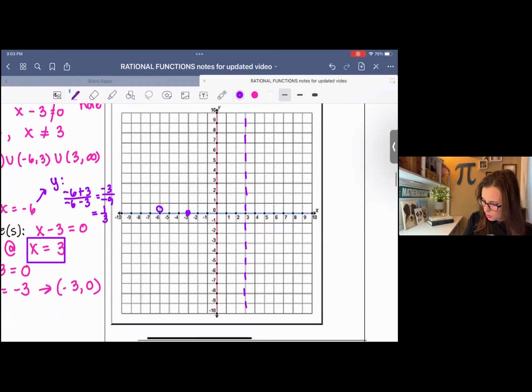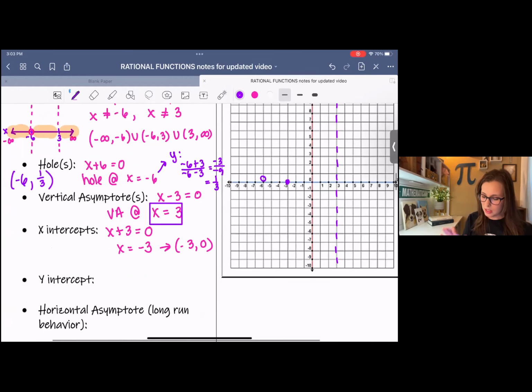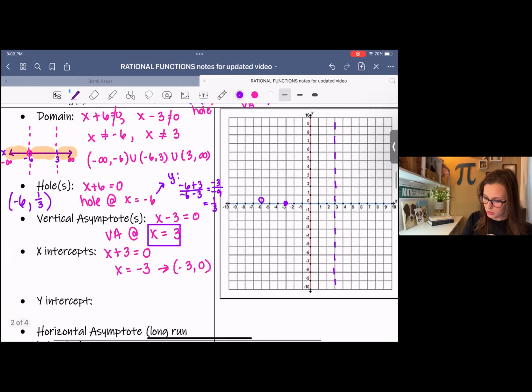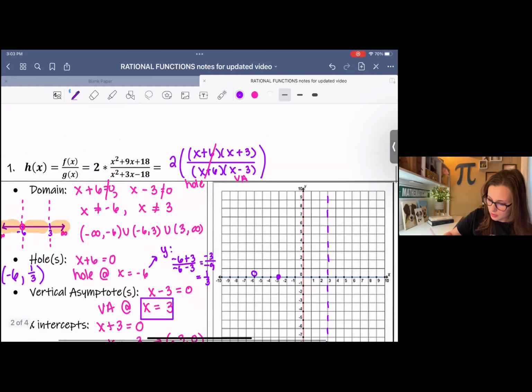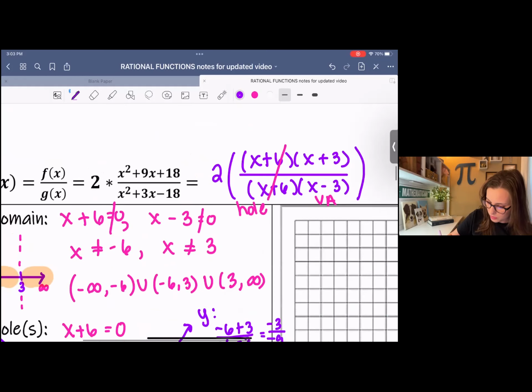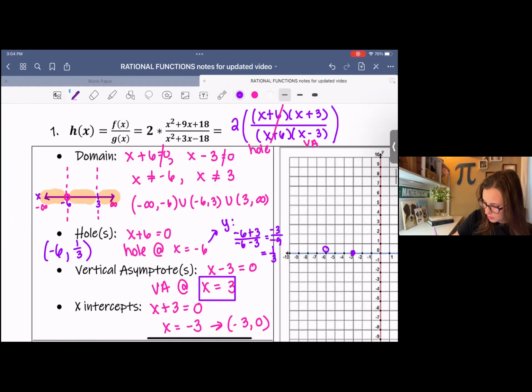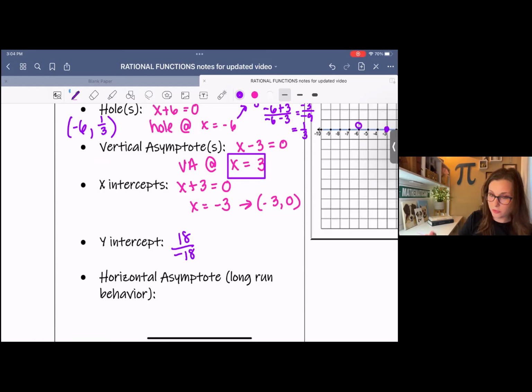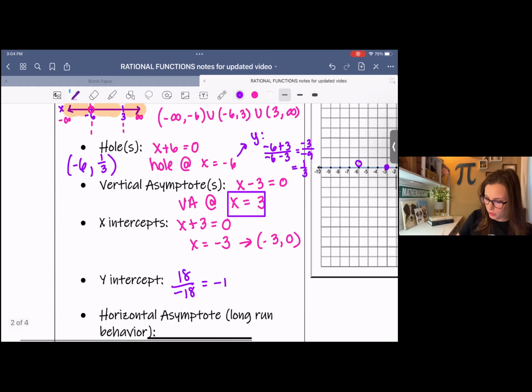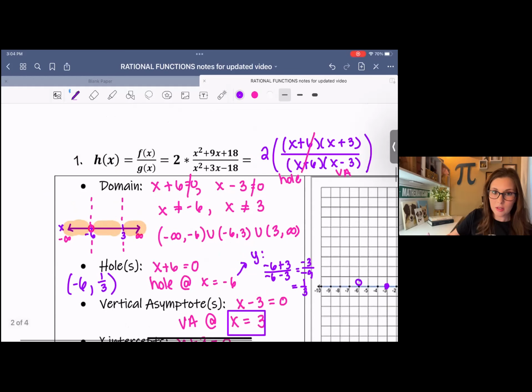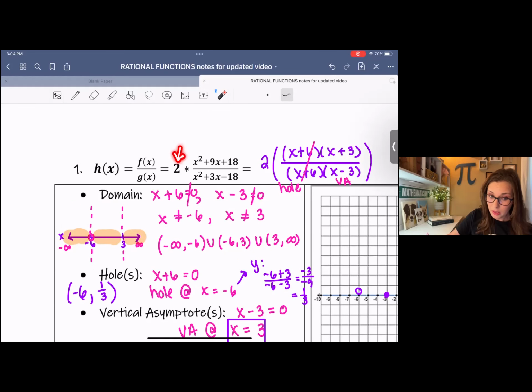Then the next thing, the y-intercept, is if x is 0. So if x is 0, then what remains is 18 over -18, the ratio of the constants. That simplifies to -1. Now you might have noticed that there's a 2 out front, and that might freak you out.